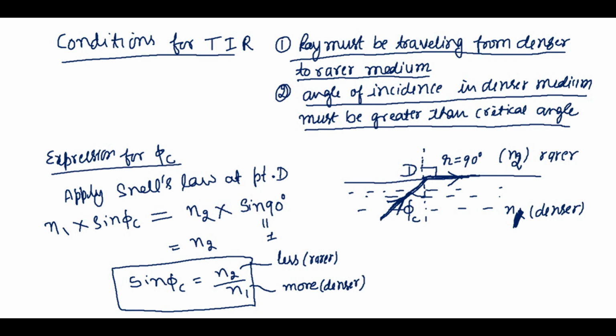This expression I will use when I give my next lecture related to the acceptance angle and numerical aperture of the optical fiber. Kindly remember this expression. Next, let us now discuss how light travels from one end of the optical fiber to the other end, and what conclusions we can draw from this.